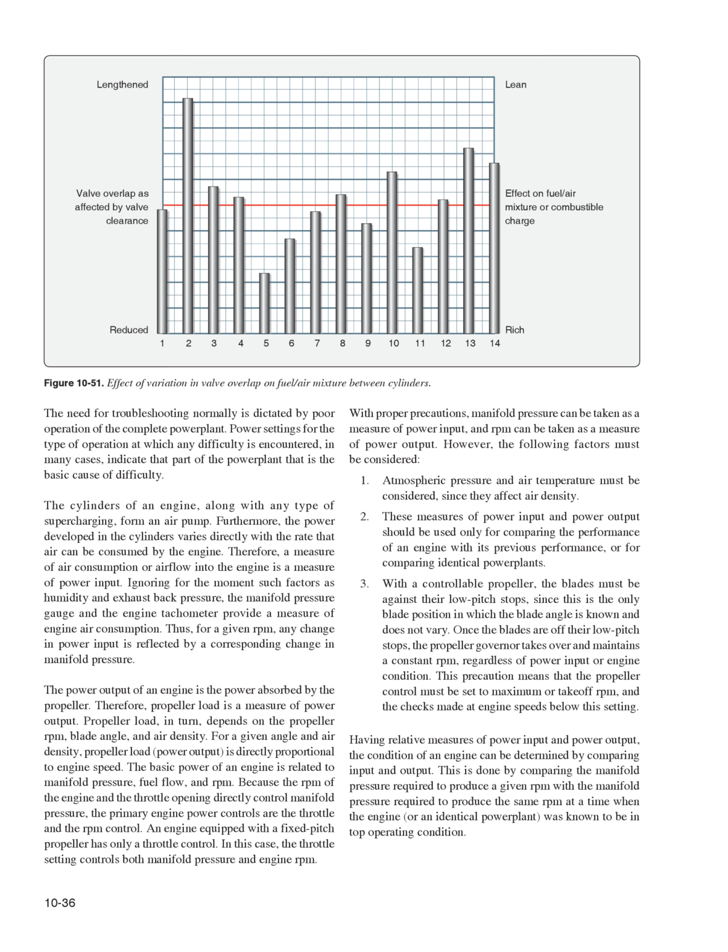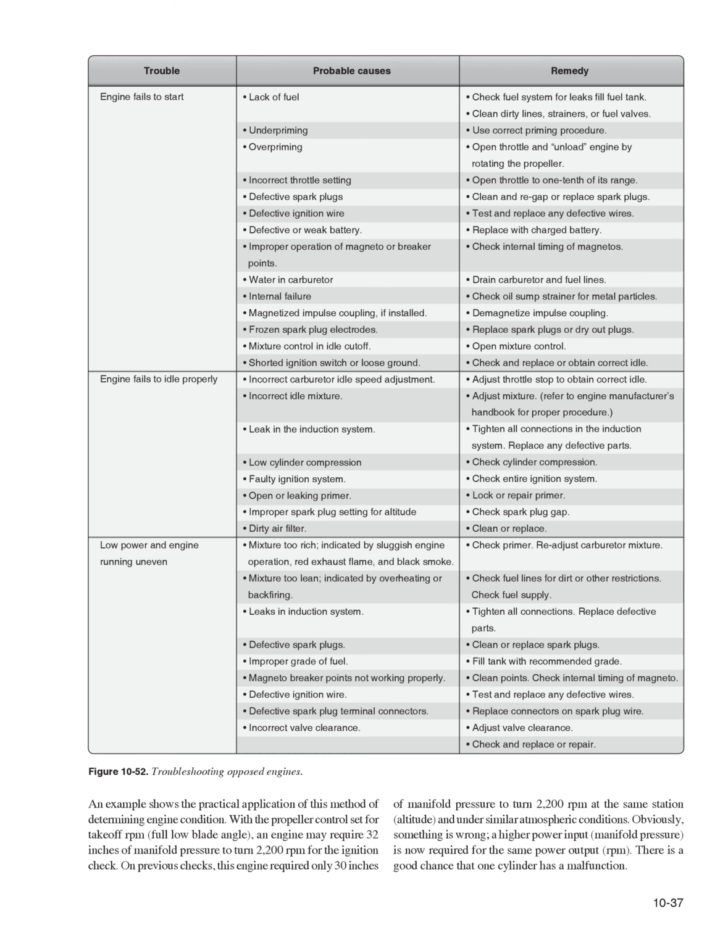This is done by comparing the manifold pressure required to produce a given RPM with the manifold pressure required to produce the same RPM at a time when the engine, or an identical power plant, was known to be in top operating condition. An example shows the practical application of this method of determining engine condition. With the propeller control set for takeoff RPM, full low blade angle, an engine may require 32 inches of manifold pressure to turn 2,200 revolutions per minute for the ignition check.